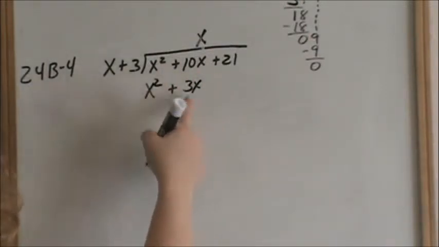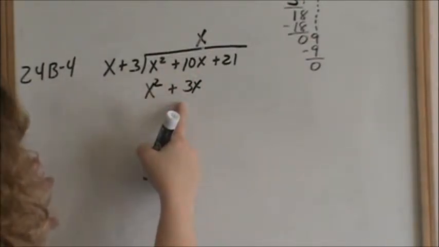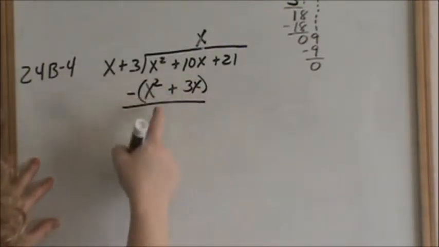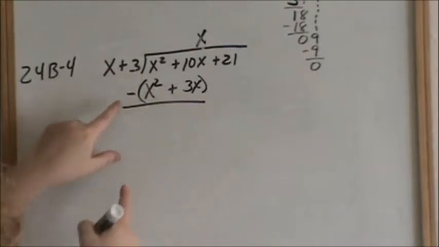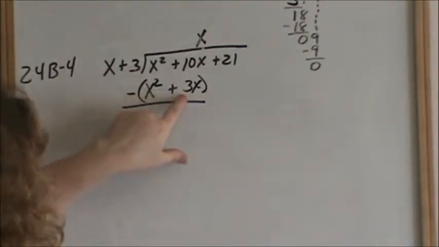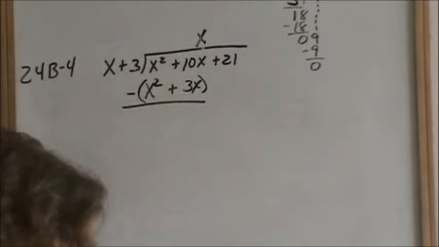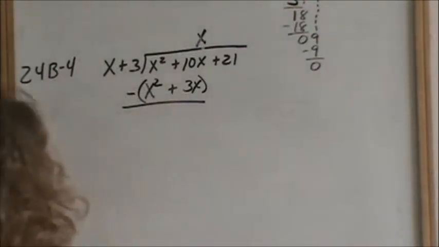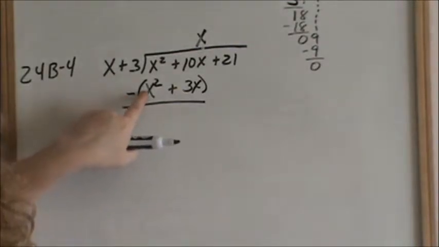What was the next step when we dealt with numbers? We subtracted. So we subtract this whole thing. It is important to put parentheses around this because this subtraction sign needs to be distributed to this term and to this term. So this negative has to get distributed to this and this.